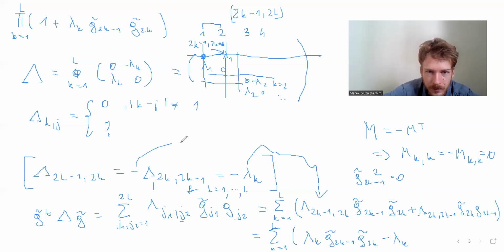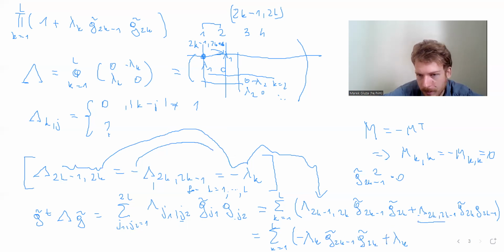Why? Because of this minus. Okay. So the 2k minus 1 have a minus, which means I will need here a minus. And the other matrix element is the minus of this one, so I get a plus. So lambda k, g2k minus 1, tilde.